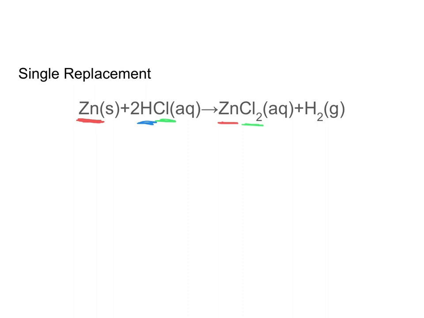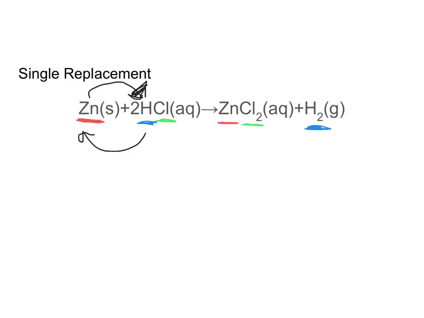And if I look at my hydrogen here, which was blue in the last one, now hydrogen is all by itself. It's not bonded with anything. It's actually bonded to itself in this gas here. So what we had was our zinc came in and replaced the hydrogen in this compound with our chlorine. Now our hydrogen is all by itself.